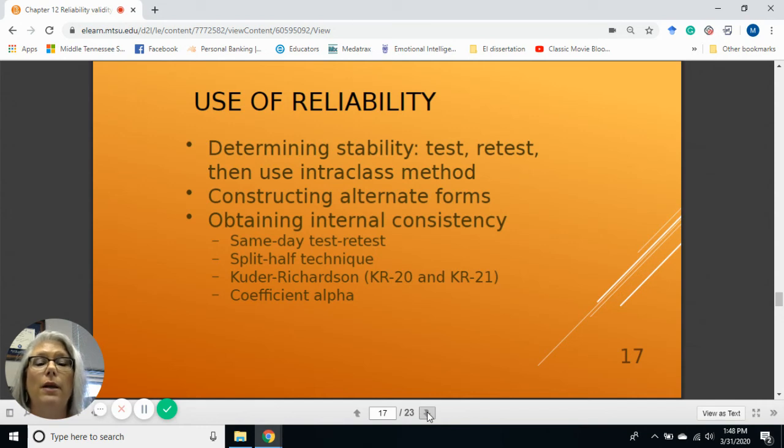And we can look at different tests in SPSS to determine internal consistency. So we have the same day test-retest. We can do that split half we talked about. We can do Kuder-Richardson tests, or the coefficient alpha coefficients, to look at different types of internal consistency.